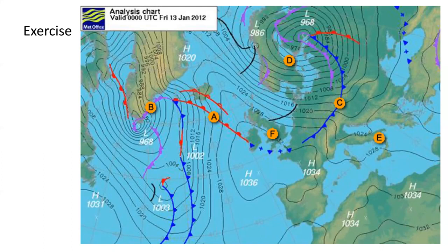And point F. Good old Blighty. It's January, but we're in a high pressure, so fair weather. The front's moved through, so there could be some residual cumulus.